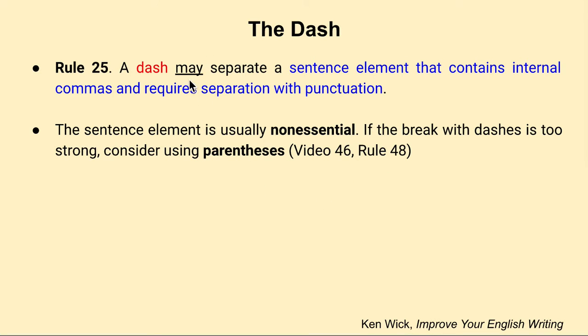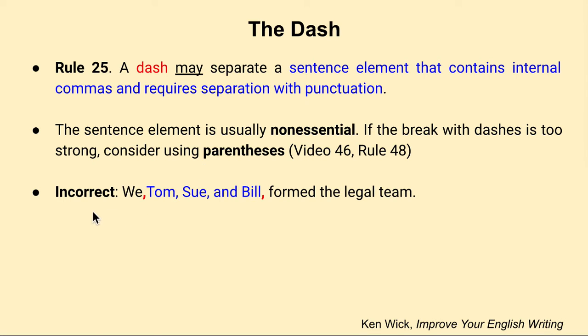So you may use the dash. Here's an example of an incorrect way to punctuate. We, comma, Tom, Sue, and Bill, comma, form the legal team. Once again, we have a sentence element that contains internal commas that itself needs to be separated with punctuation. Well, you can't use the comma because you're already using the comma to separate the elements.